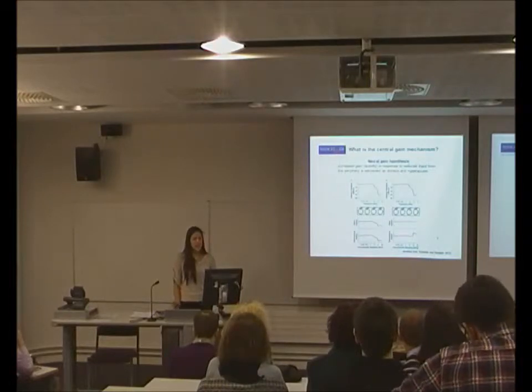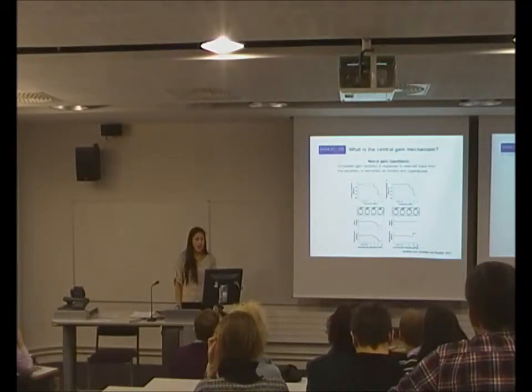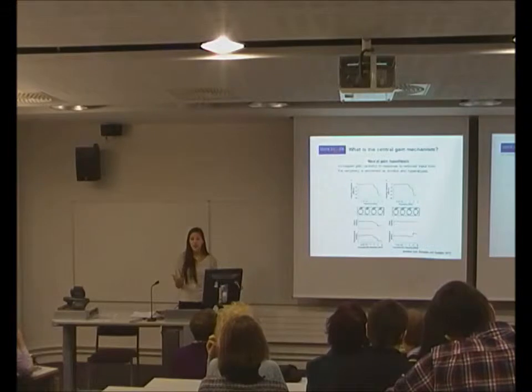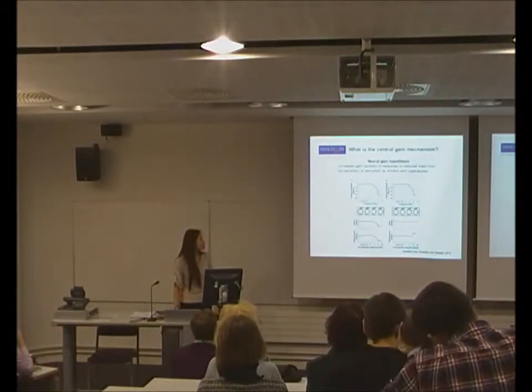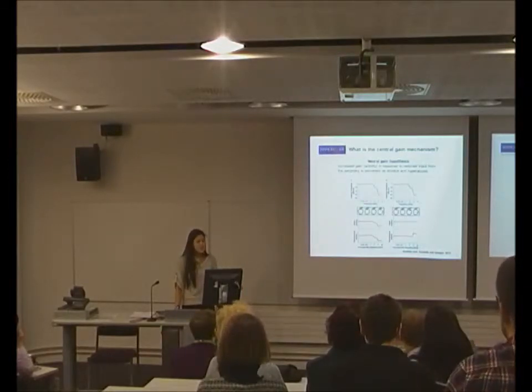So what is a central gain mechanism? Well, a change in this central gain mechanism acts to compensate for changes in the auditory environment. For example, if there's a reduction in the auditory input, this gain mechanism increases the neural activity to maintain normal neuronal levels. So if we take this figure here, this was created by Roland from UCL.